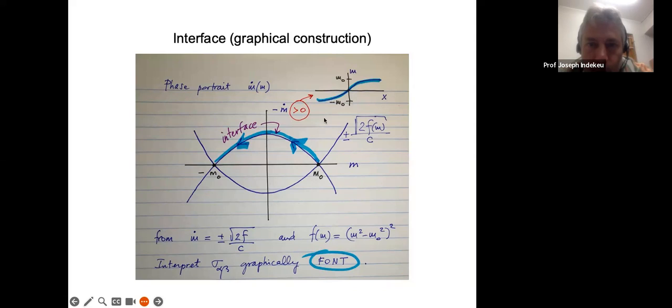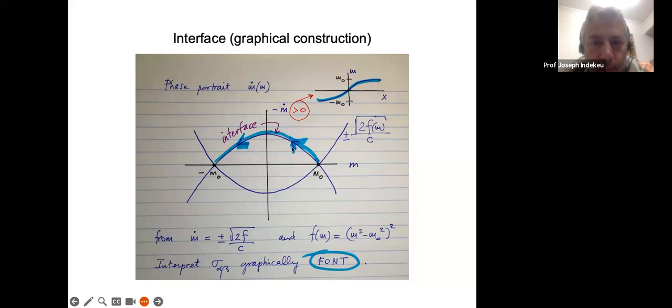And so it would be opposite from this picture here. Now we can interpret this interfacial tension graphically, and this is something that we're going to explore now.